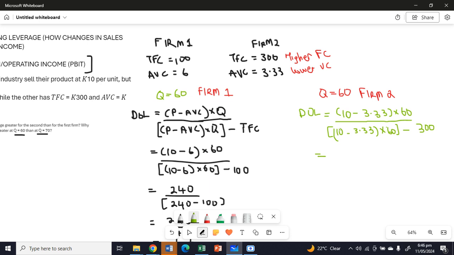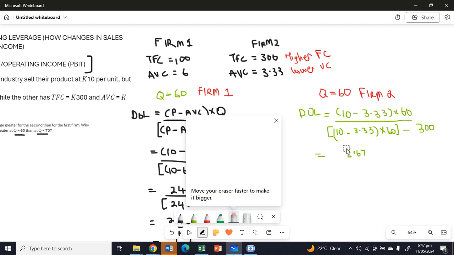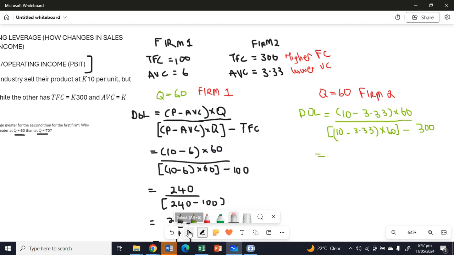Okay, so 10 minus 3.33 is 6.67, times 60 gives 400.2.